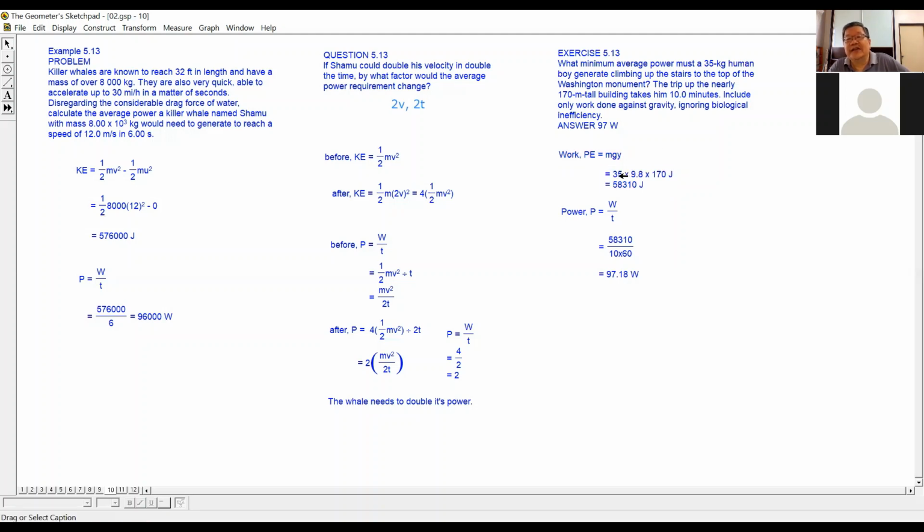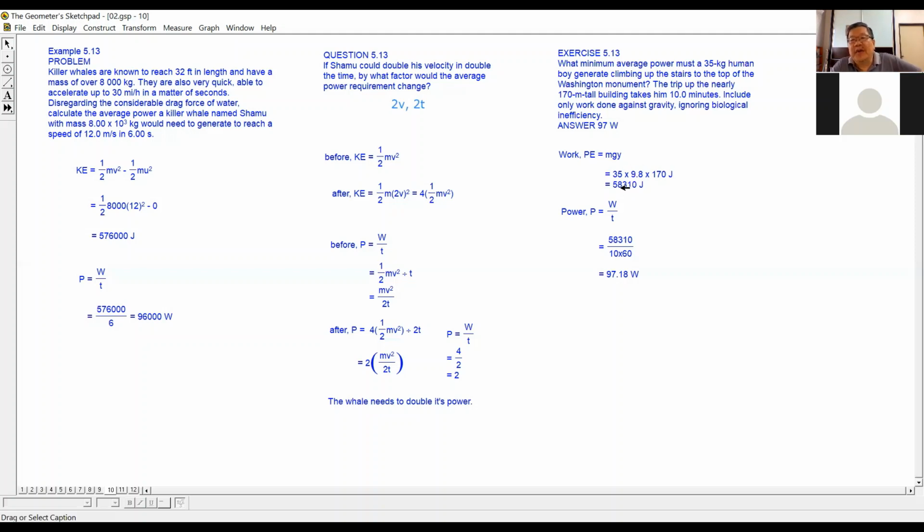The mass is 35, the gravitational acceleration 9.8, and the height is 170 meters. So the total potential energy gained by the boy is 58,310 joules. This is energy in the form of potential energy.